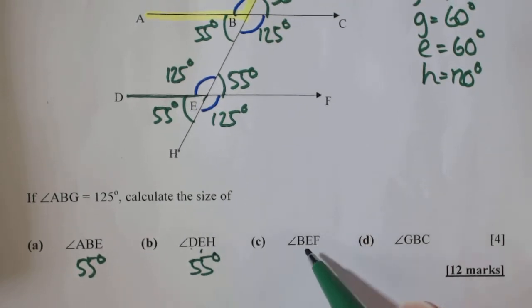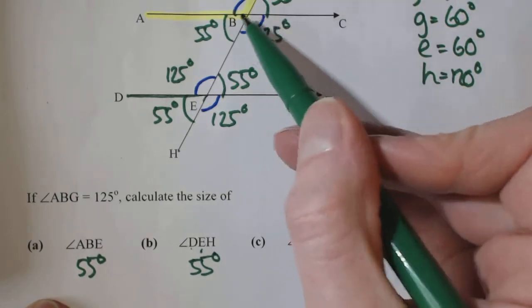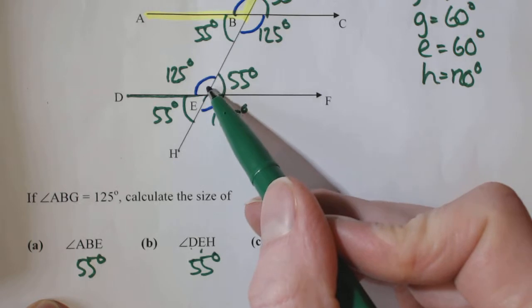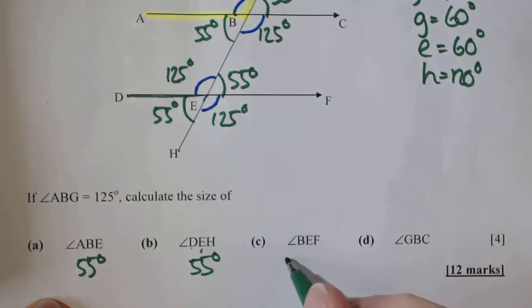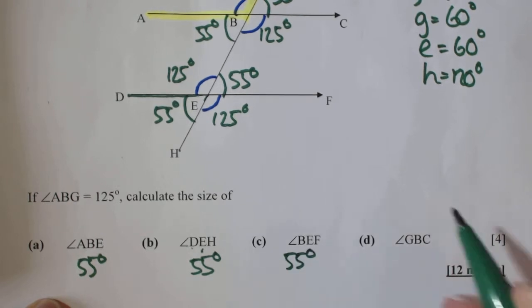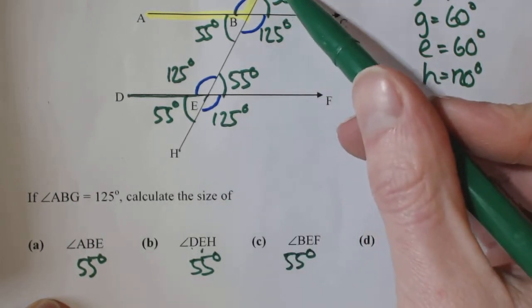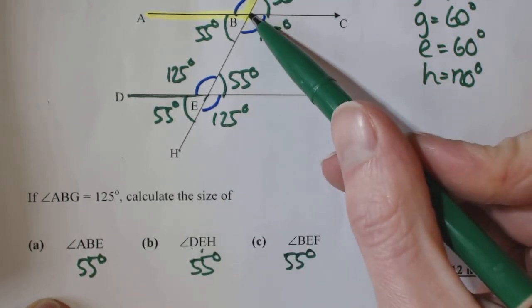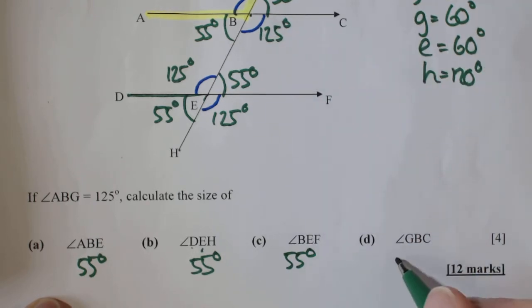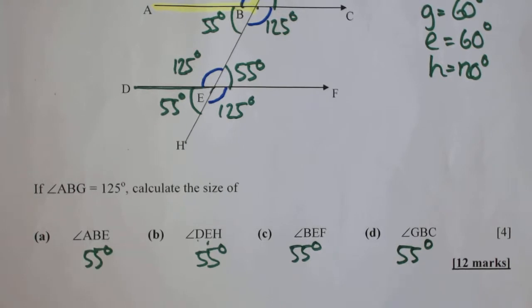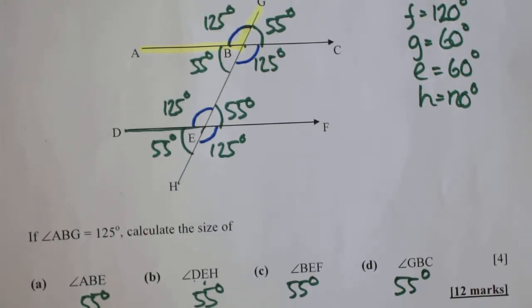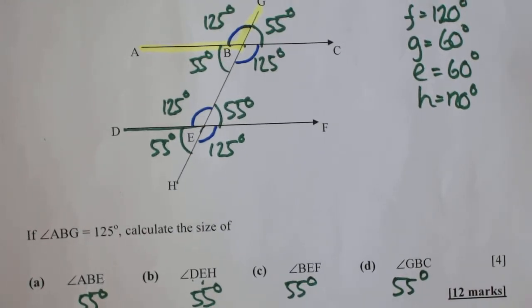Then we've got B, E, F. So that goes B, E, F, and again that's 55 degrees, and we've got G, B, C. And I'm not sure if they've meant this, but every single angle they've asked you to calculate is 55 degrees.